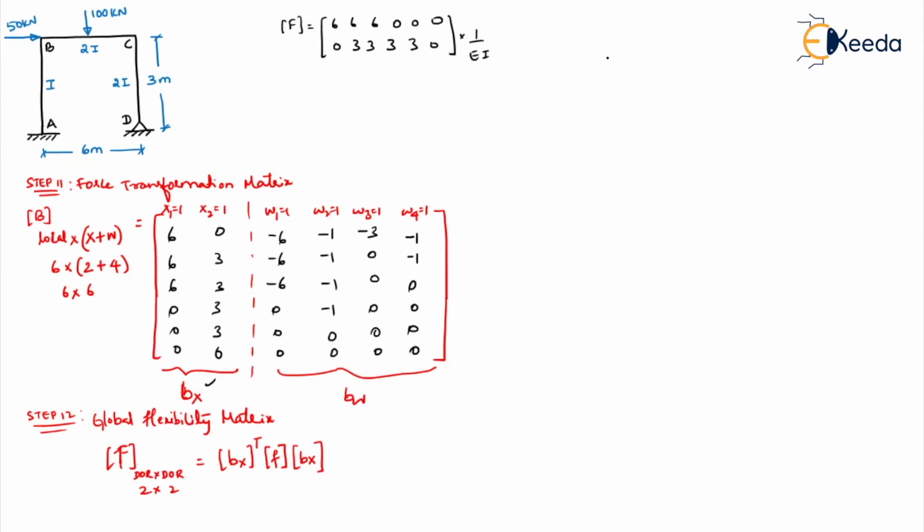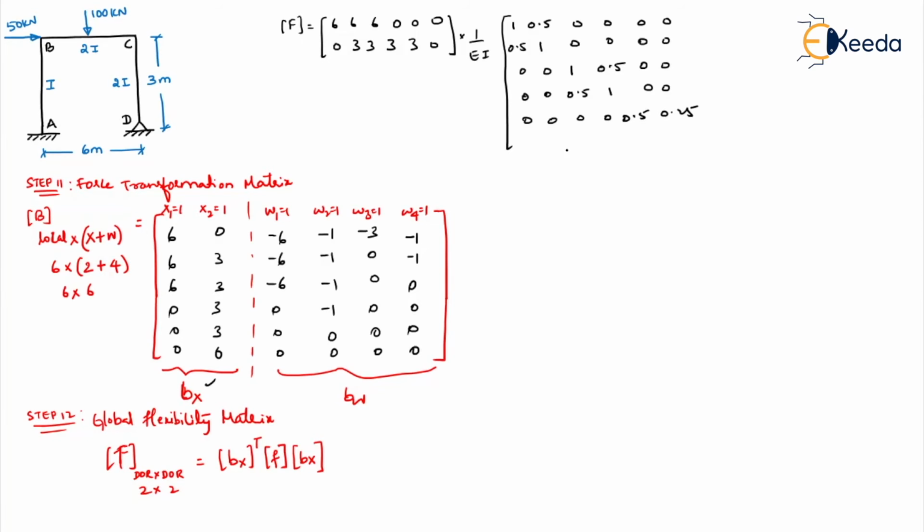So this is your F: 1, 0.5, 0, 0, 0.5, 1, 0, 0, 0.5, 0.25, 0.25 and 0.5. This should be multiplied with what? Your Bx.